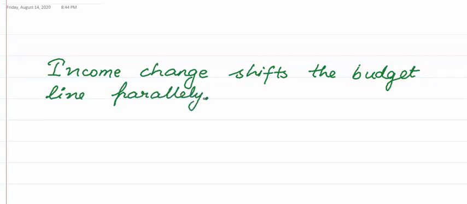Now, if the income of the consumer increases, the budget line will shift towards the right hand side.